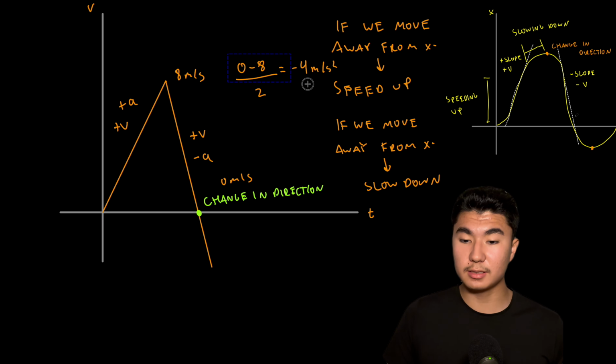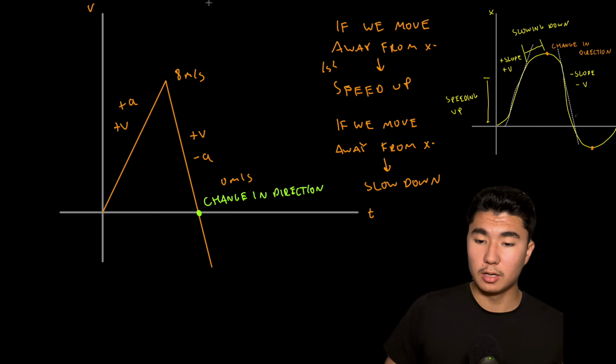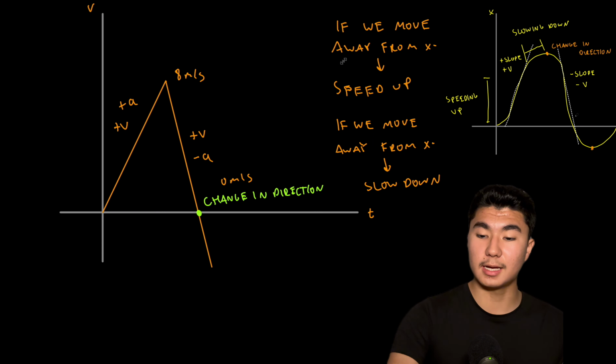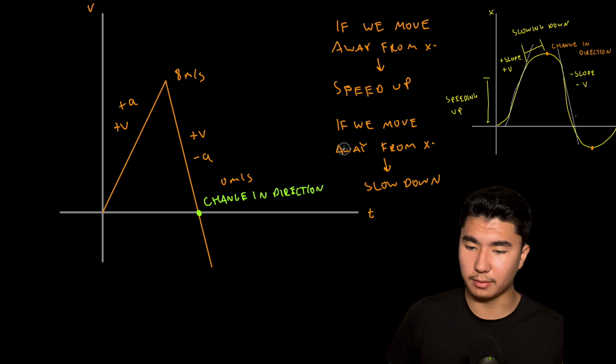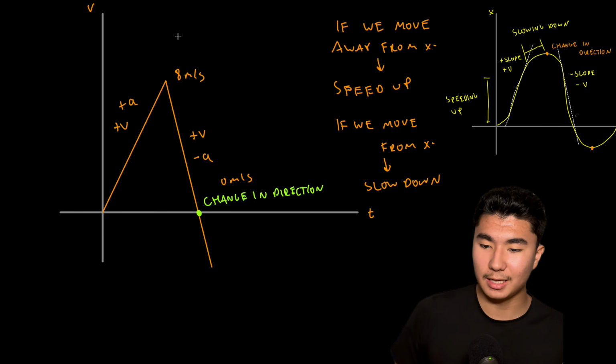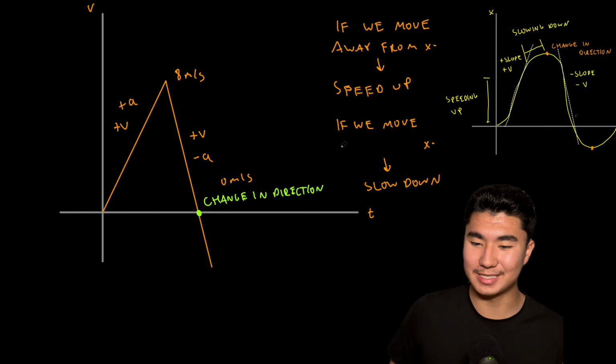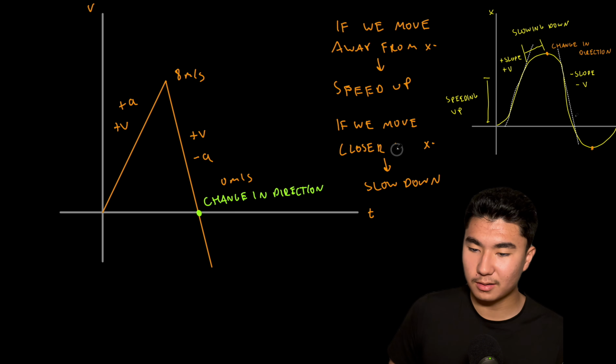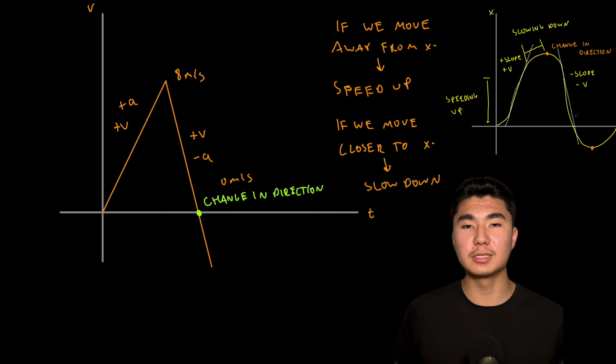So that's just one of the things you need to know: if we move closer to the x-axis, then we slow down. Sorry, I earlier said move away, my bad.